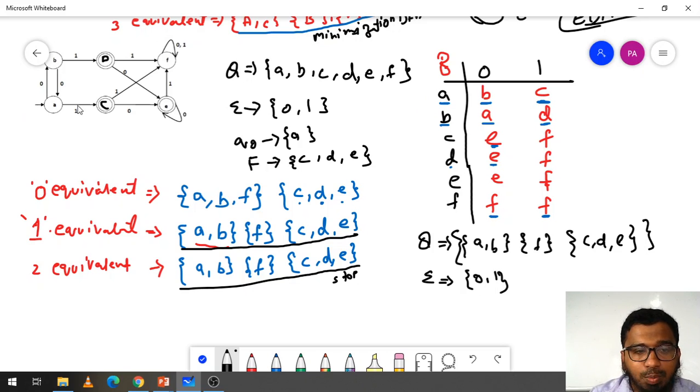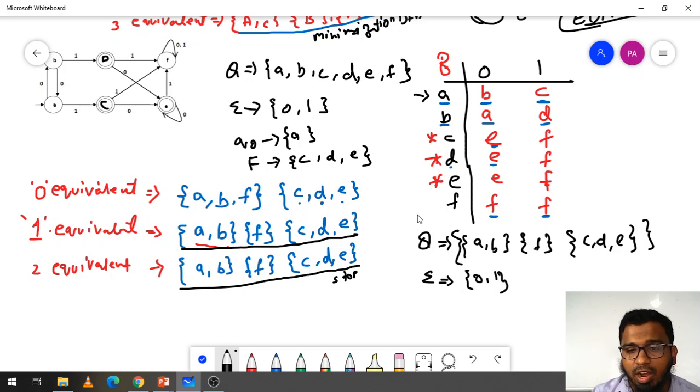As per the table, this is the initial state, and the final states are C, D and E.